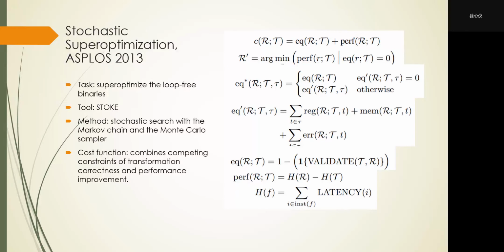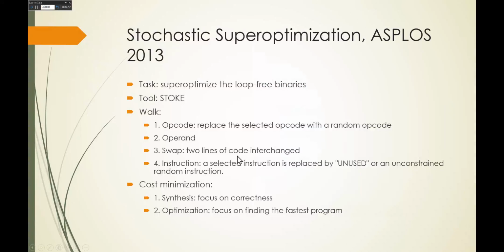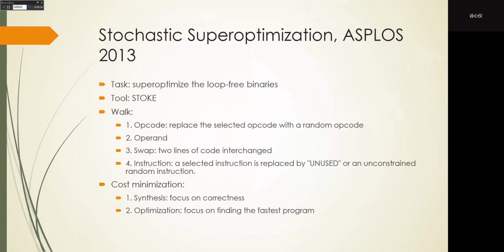And it also combines the performance improvement. You can see that here is the correctness part and here is the performance part. The work contains four types of moves, which is very similar to this paper.